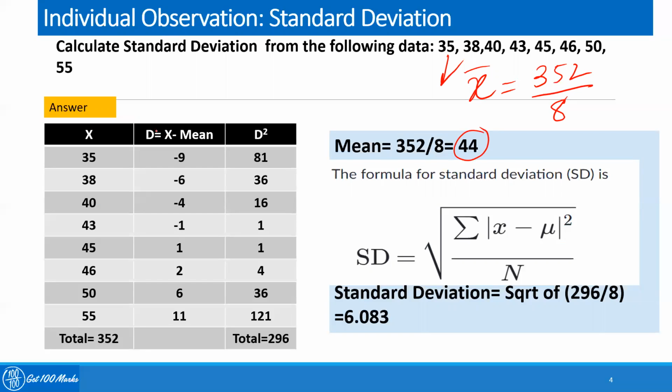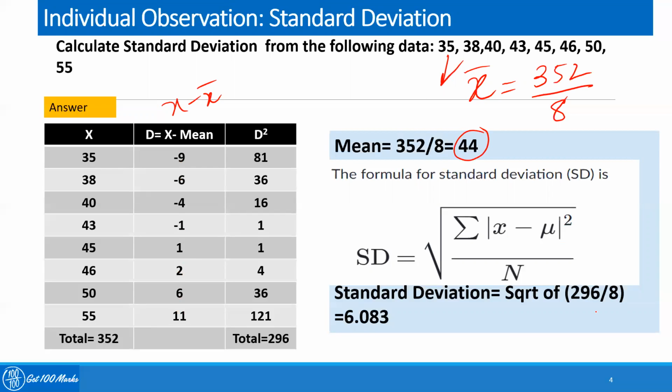The next step is to create a column where we find the value of D, where D is x minus the mean, x minus x bar, which is the deviation. For the individual value, 35 minus 44 is minus 9. Some of the values will come negative, some positive.